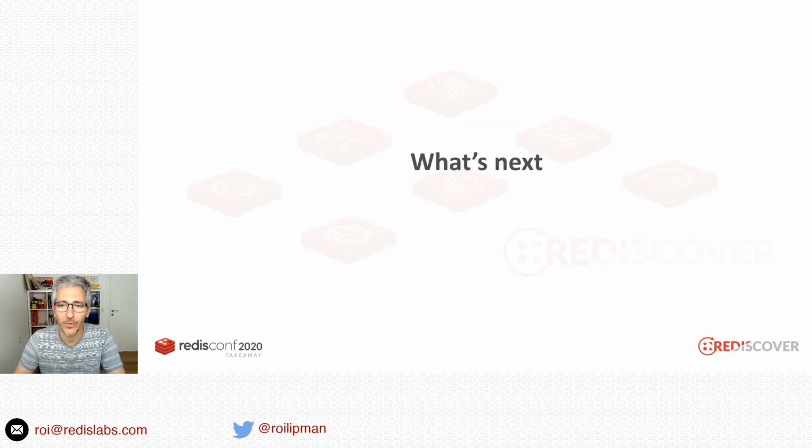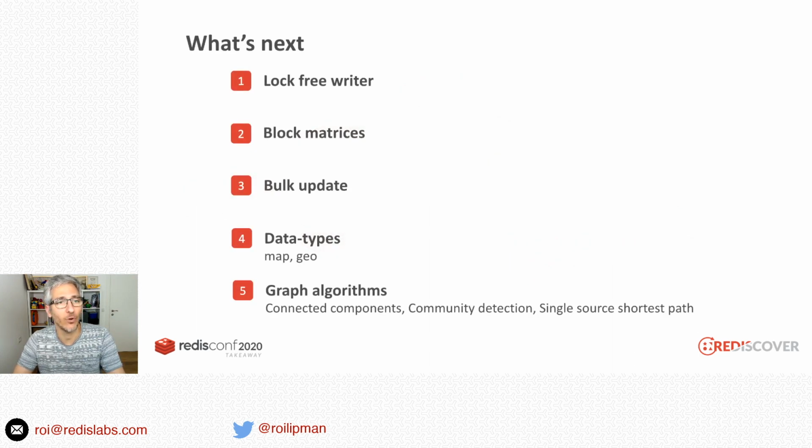With that, I would like to just talk a little bit about what is on the horizon for us. So the first feature or enhancement that we would like to address is lock-free writer. Currently, RedisGraph would run multiple read queries all in parallel.